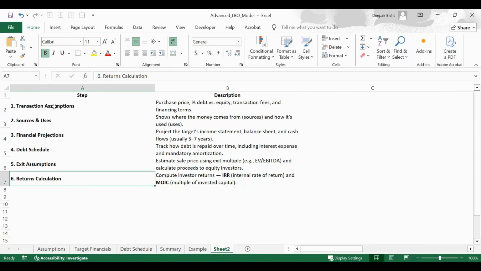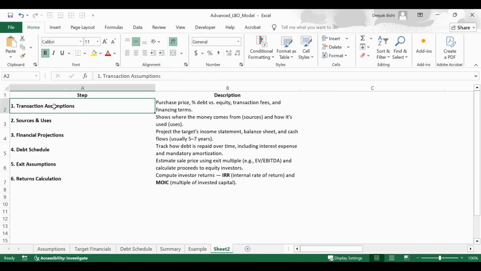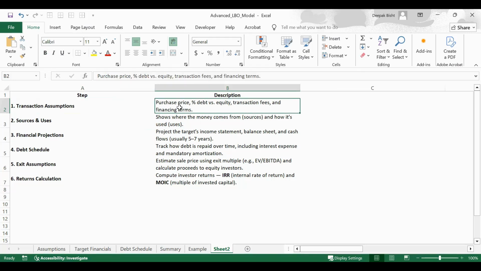In the transaction assumption step, we are going to calculate the purchase price, and how much portion of debt or equity should be there. We are going to estimate the transaction fees and financing terms.